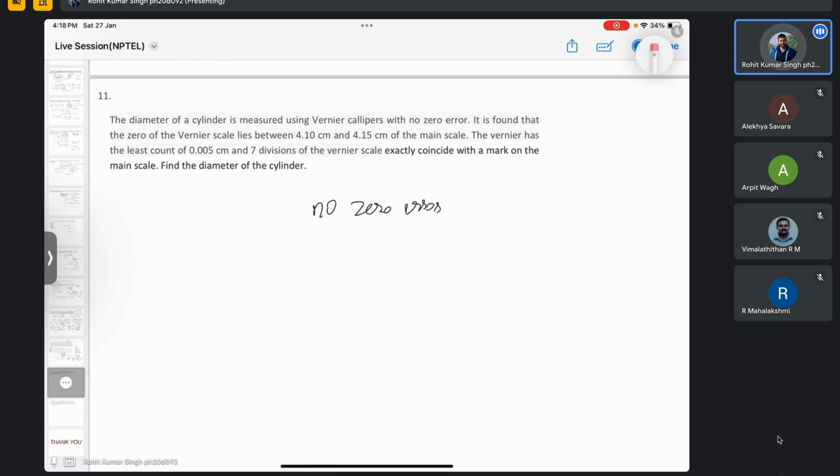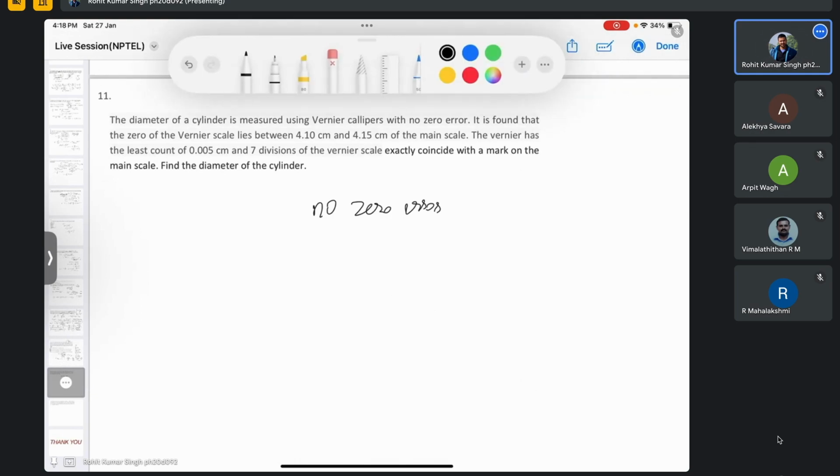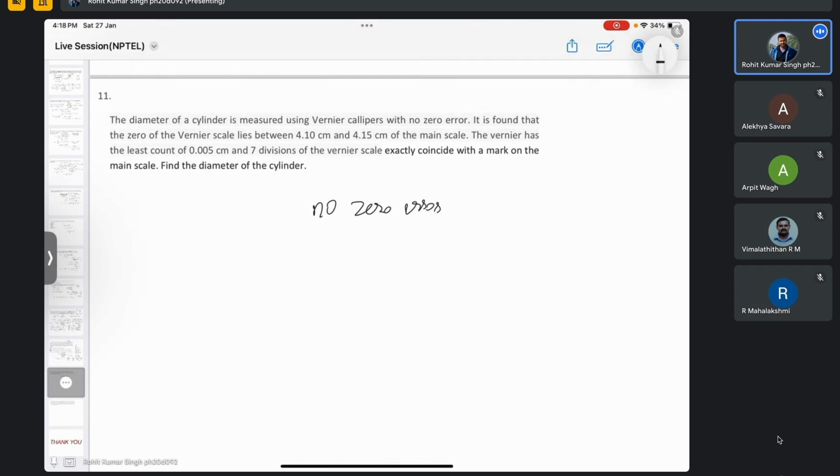So I'll say. Zero error is the offset of the vernier scale with the main scale, when it does not exactly coincide with zero. Okay. So suppose you have a main scale like this.